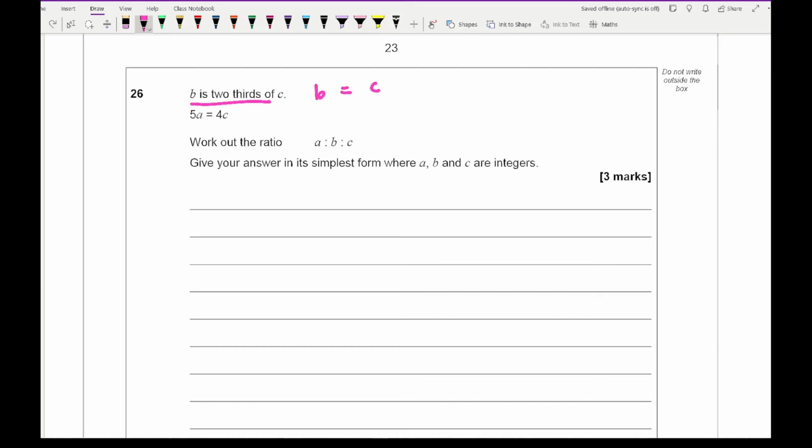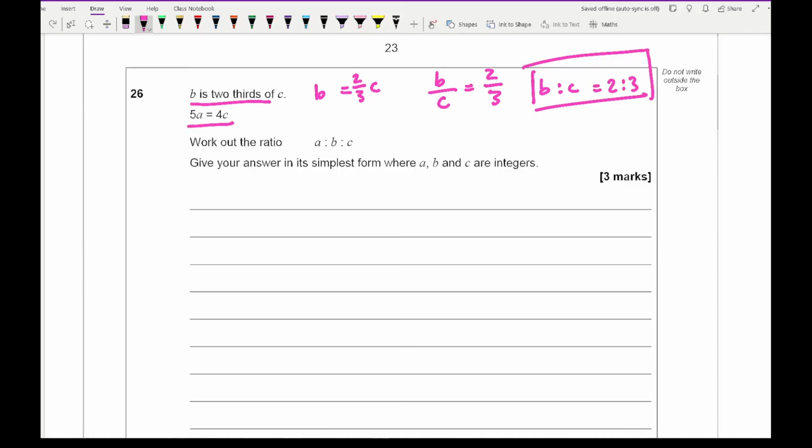So here I've got B is equal to 2 over 3 C. So then from this, I can go for B over C equals 2/3. And then converting this into my ratio, I get B to C equals 2 to 3. And let's just keep that out there.